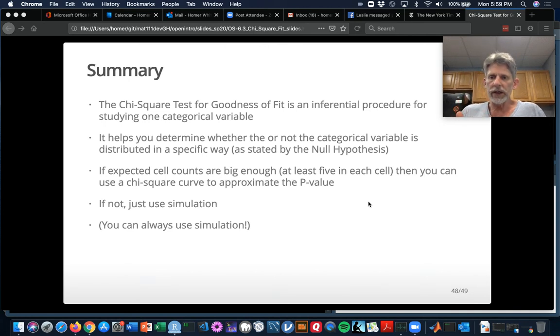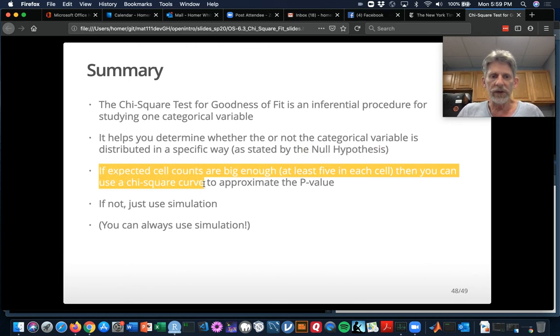And if somebody claims that that categorical variable is distributed in some specific way, like the gambler saying each of the chances for each of the faces is 1/6, or somebody saying preferences for Georgetown College students match the available space, 1/4, 1/2, 1/4, the specific statement about the distribution of that categorical variable becomes the null hypothesis in a chi-square test.